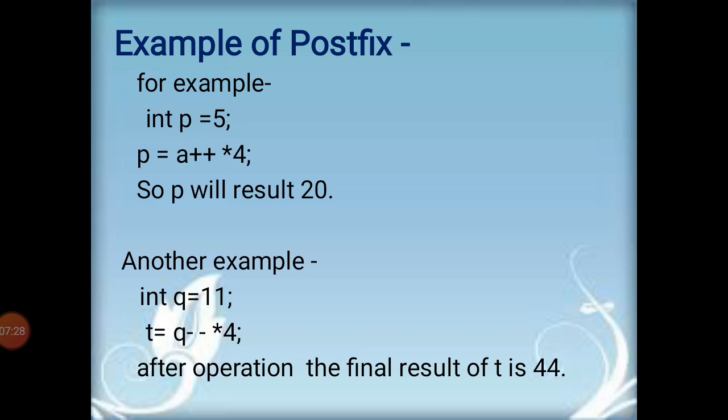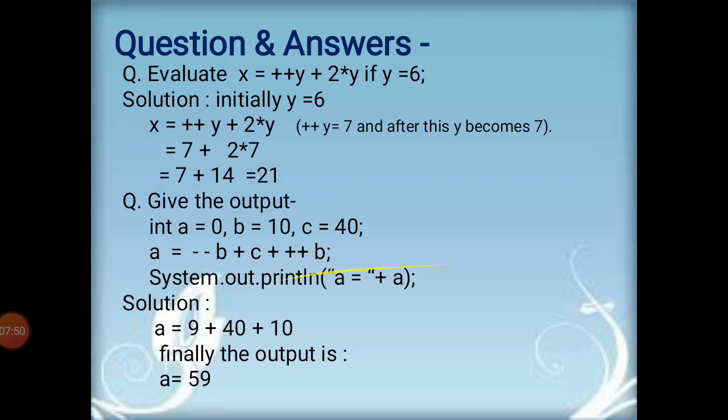And after that it decreases the value of q by 1. So the final value of q after this expression is 10. So this is the postfix expression. Here, use then change.